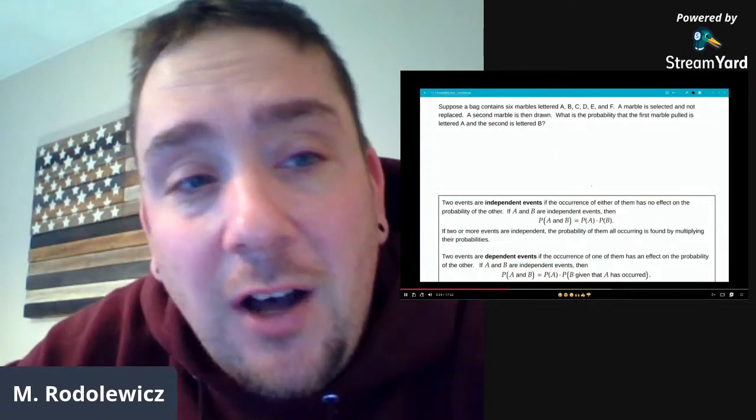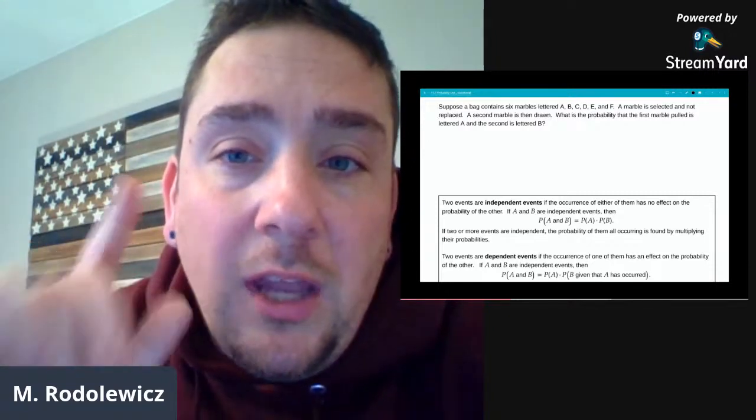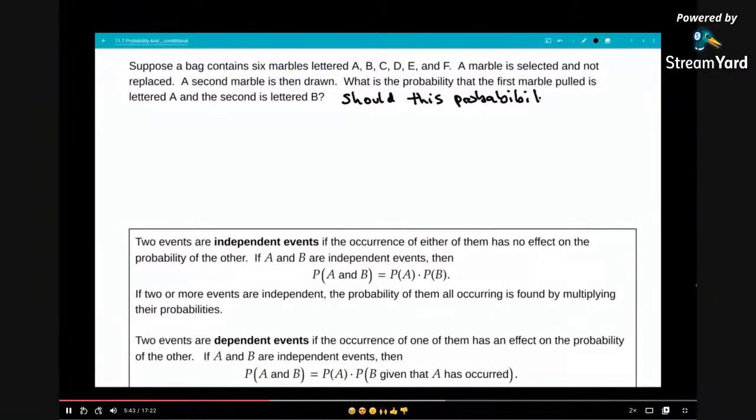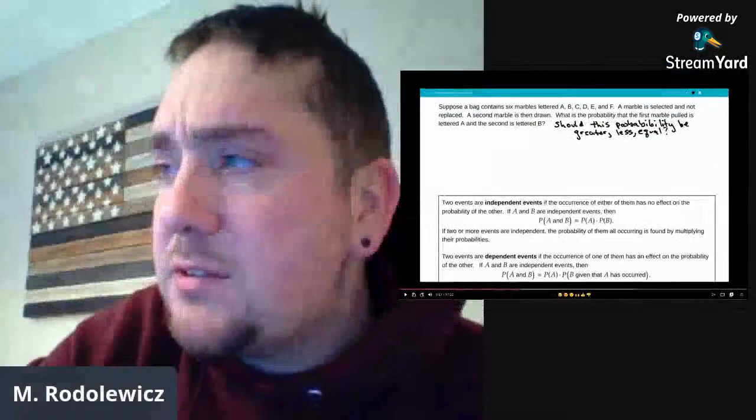All right. Suppose a bag contains 6 lettered marbles, the same 6 marbles. Here we're drawing a marble and it's not going to be replaced. So I quickly ask myself, should this probability be greater than, less than, or equal to the first? What do you think? Should this probability be greater than, less than, or equal to 1 out of 36?